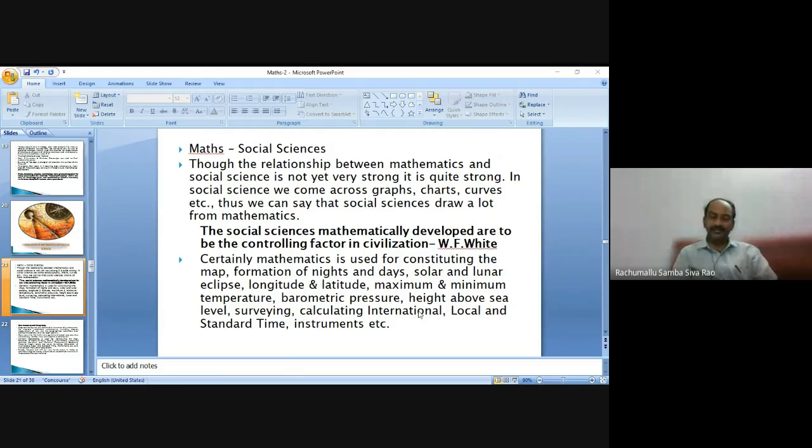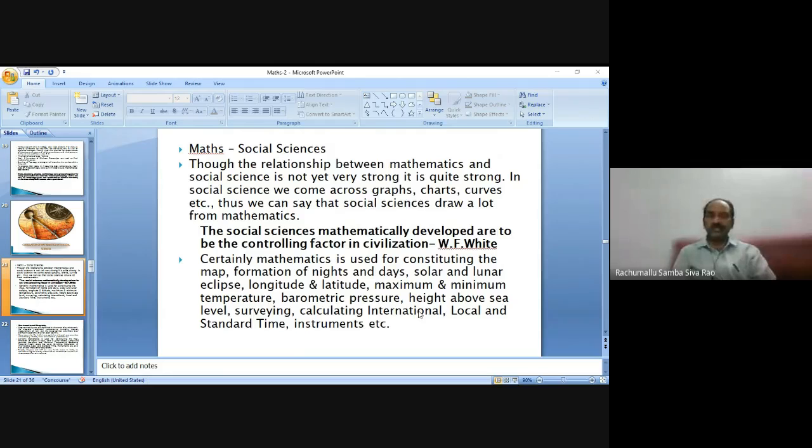So without the knowledge of mathematics, we cannot understand social sciences either. This means that there exists quite a strong correlation between maths and social sciences.